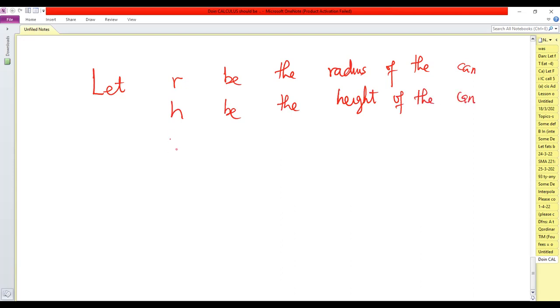And let A be the surface area. And let's have V, capital V, be the volume.